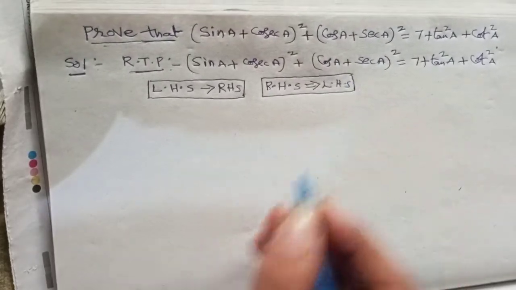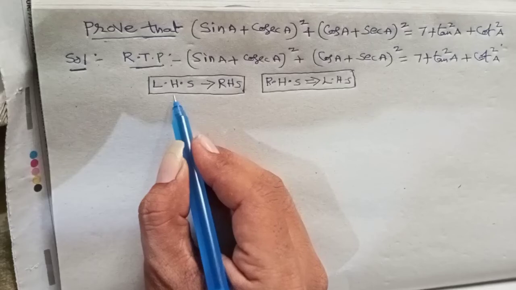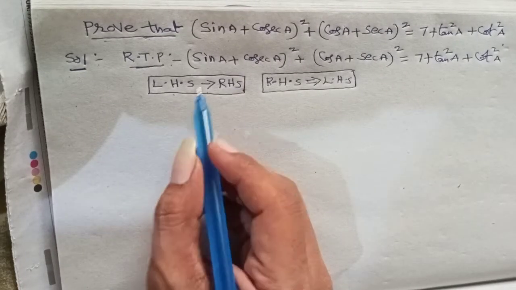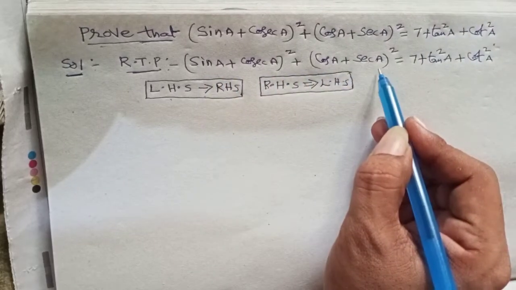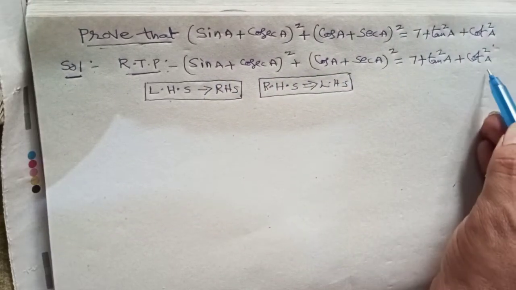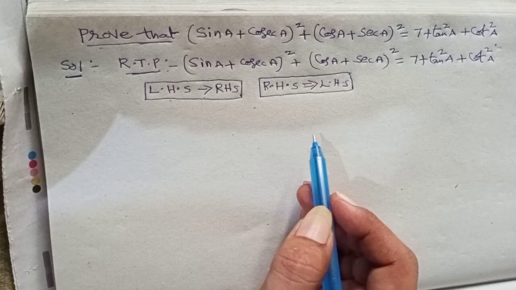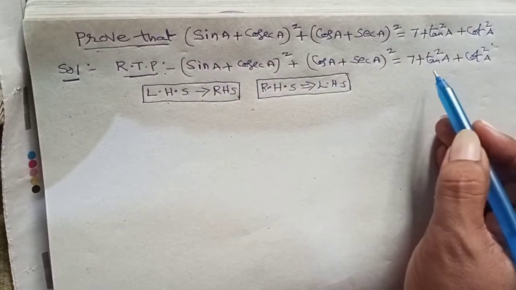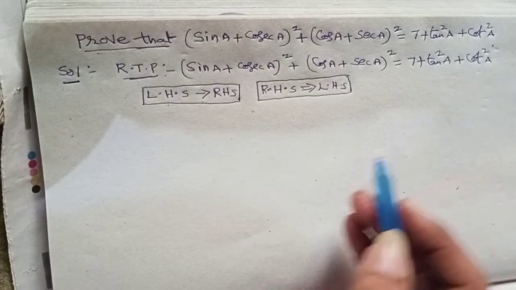Here we have to approach this one, that means LHS to RHS. Why? Because here LHS is the larger one whereas RHS is the smaller one. While proving show that you have to take the larger one and make it the shorter one, an easy process.